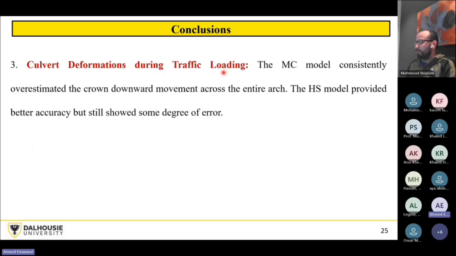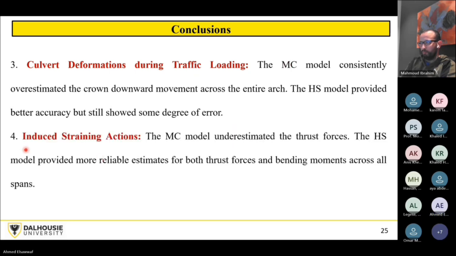During the traffic loading, under the truck loads, it overestimates the crown downward movement. So as you see from these three points, there is a big problem considering the culvert deformations due to the rebound of the structure after removing the compaction in the Moore column model, and due to the stiffness applied to the soil in the Moore column model, which is one third of the E unloading-reloading that we have in the HSS model.